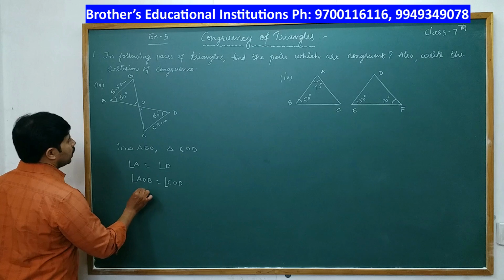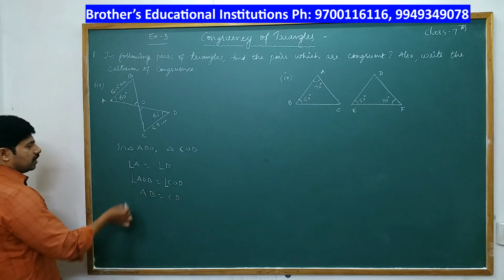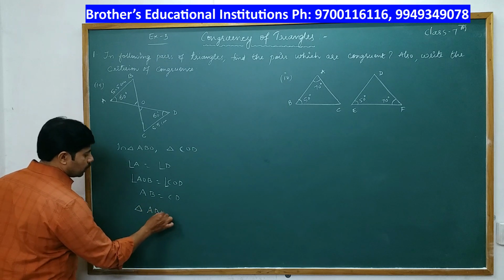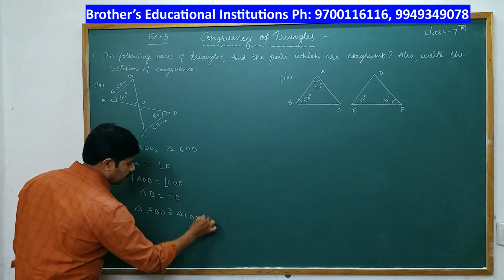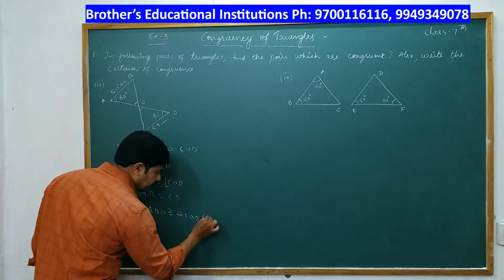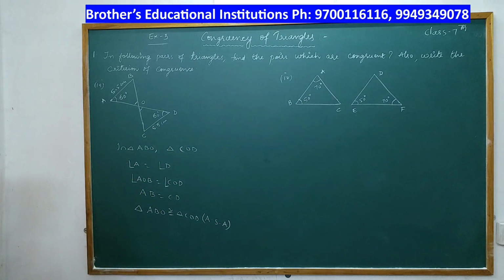Then AB is equal to CD. So with these reasons we say triangle ABO is congruent to triangle COD according to two angles, one side. It is ASA. According to ASA they are congruent.